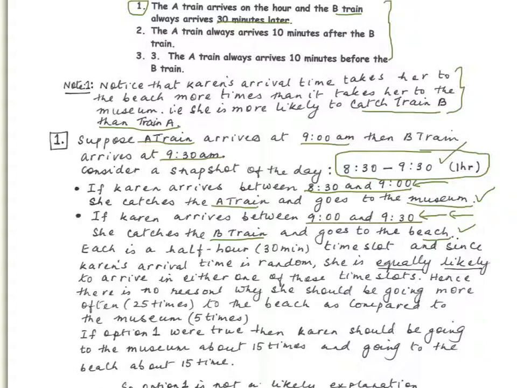Now, out of the 1 hour, we're considering two time slots of equal size, 30 minutes each. Now, we know that Karen's arrival time is random. She is equally likely to arrive in either one of these time slots. There's no reason why she should arrive in the 8:30 to 9 time slot more often than she arrives in the 9 to 9:30 time slot.